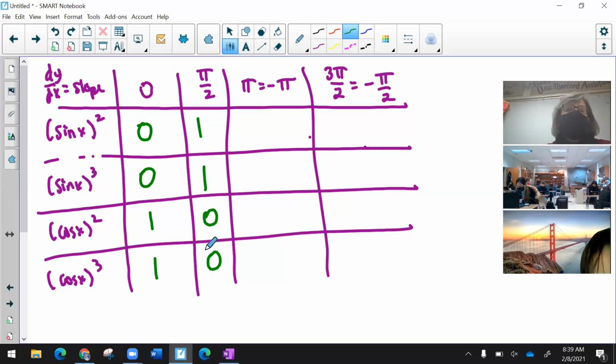What is the sine of pi? 0, 0 squared is 0, 0 cubed is 0. What is the cosine of pi? Negative 1 squared is 1, negative 1 cubed is negative 1.